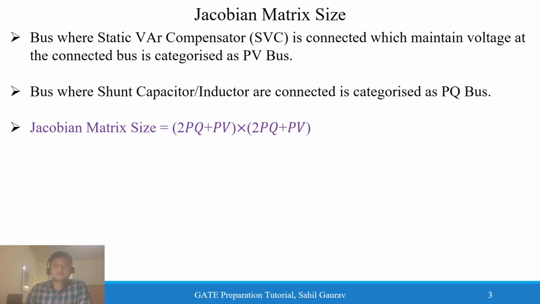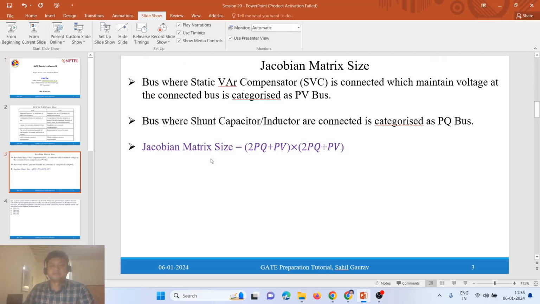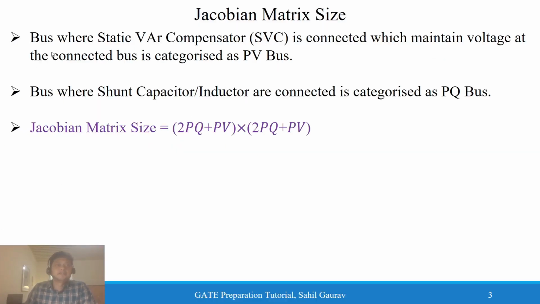First and foremost, in a problem they may provide you compensation techniques, and with the help of those compensation techniques you have to determine what type of buses these are.